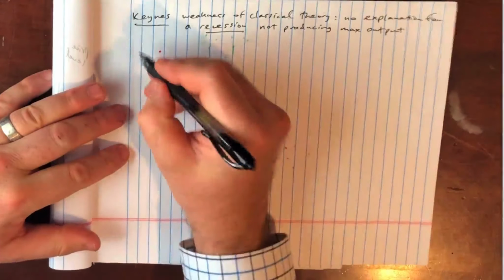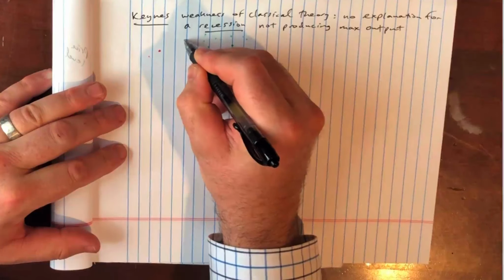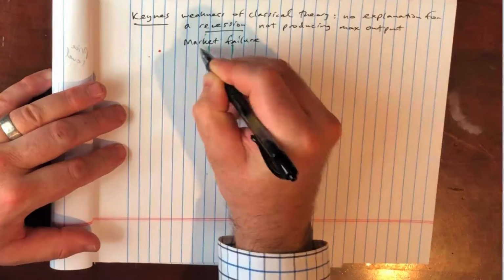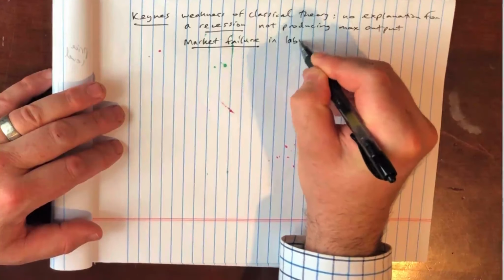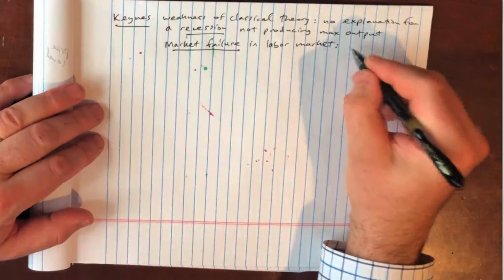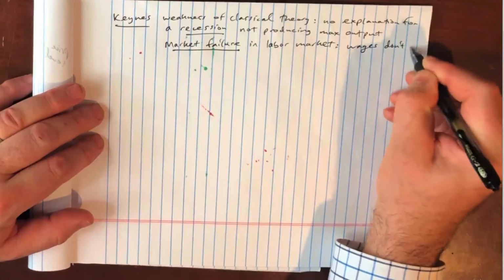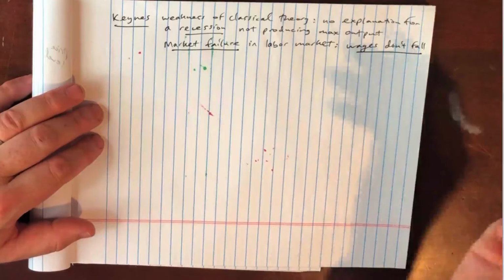So Keynes says, look, that doesn't happen, okay? There is, in Keynes' argument, market failure in a key market, in the labor market. That market failure in the labor market is due to a very simple thing. Wages don't fall. Wages don't fall because there are labor unions.